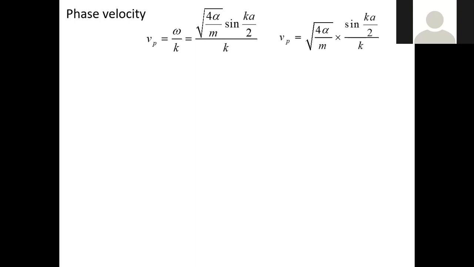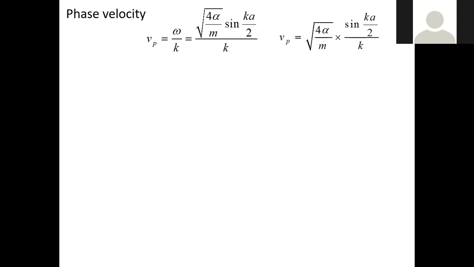With which velocity this constant phase is moving is known as phase velocity. And it is given by the ratio of frequency omega and wave vector k. So from this relation, we know the value of omega.